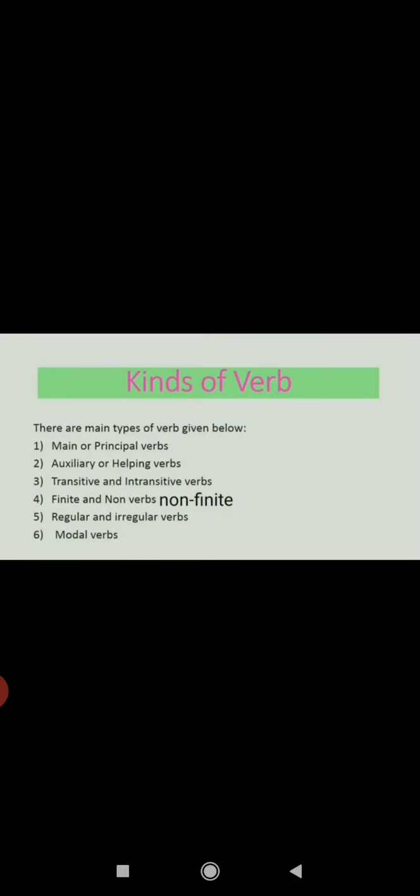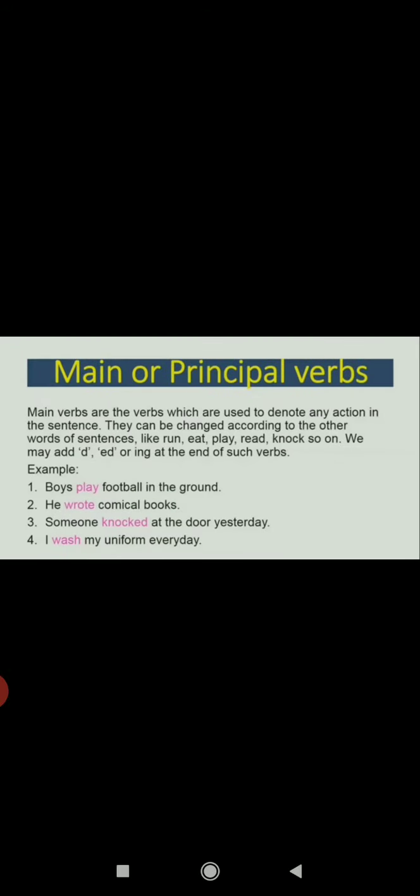Then kinds of verb. There are main types of verb given below. Main or principal verbs, auxiliary or helping verbs, transitive and intransitive verbs, finite and non-finite verbs, regular and irregular verbs, modal verbs. First of all, we have to see what is main verbs or principal verbs.